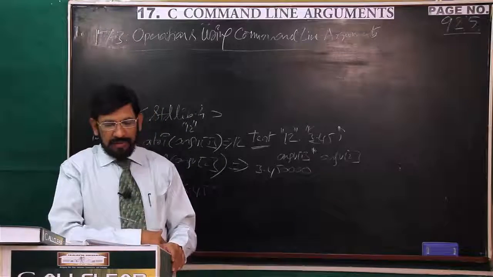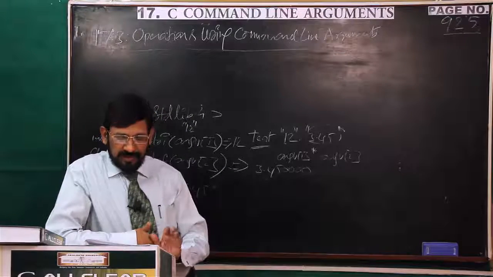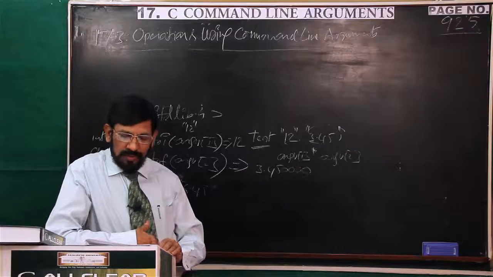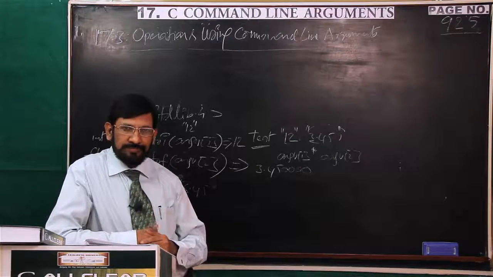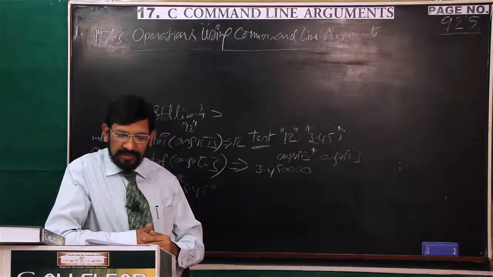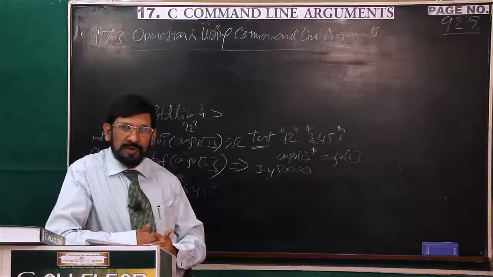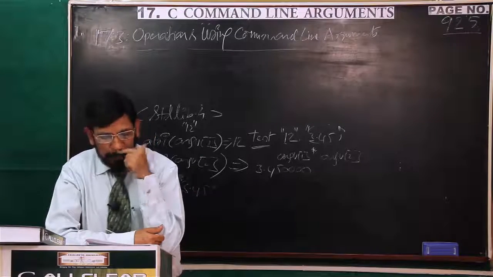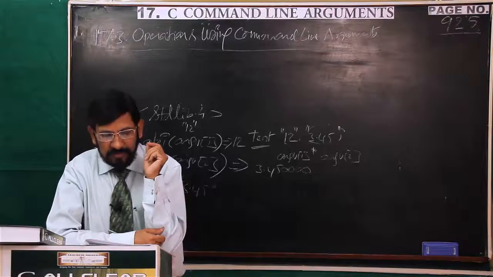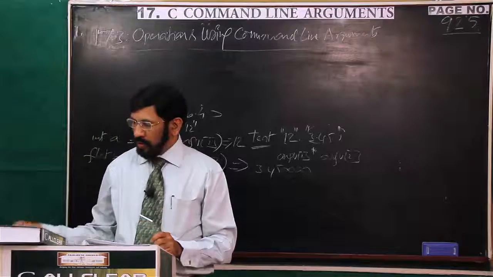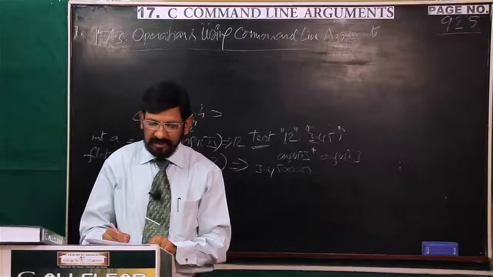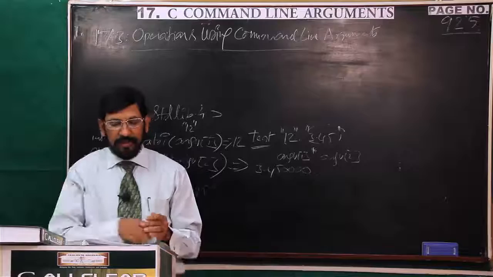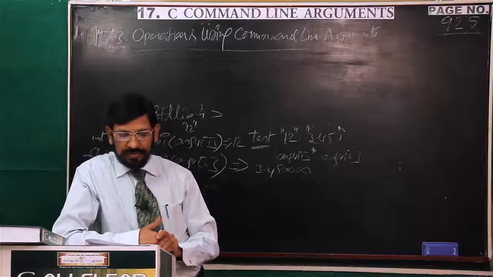17.6. In 17.6, first see the output, what we are producing as output. Here, four persons' names, corresponding ages, corresponding heights, we have entered as command line arguments. First see the output. First the program name, which is printed here as 17_6.